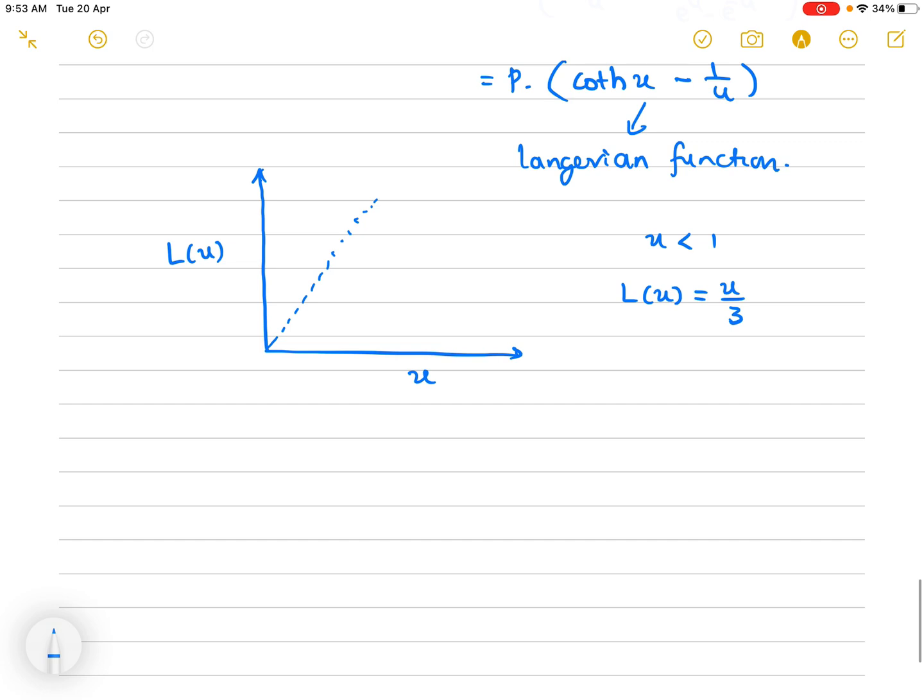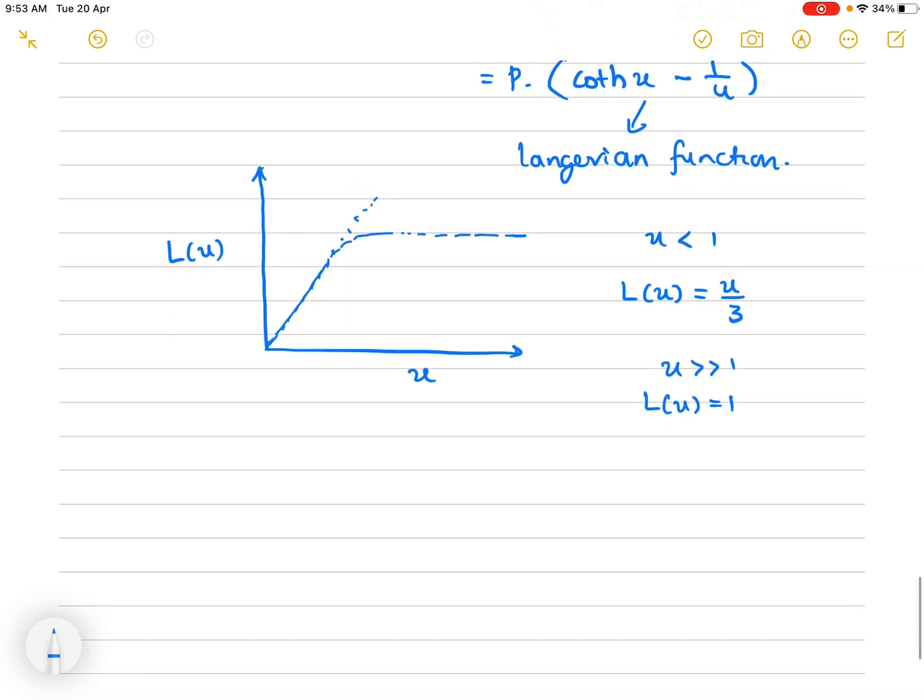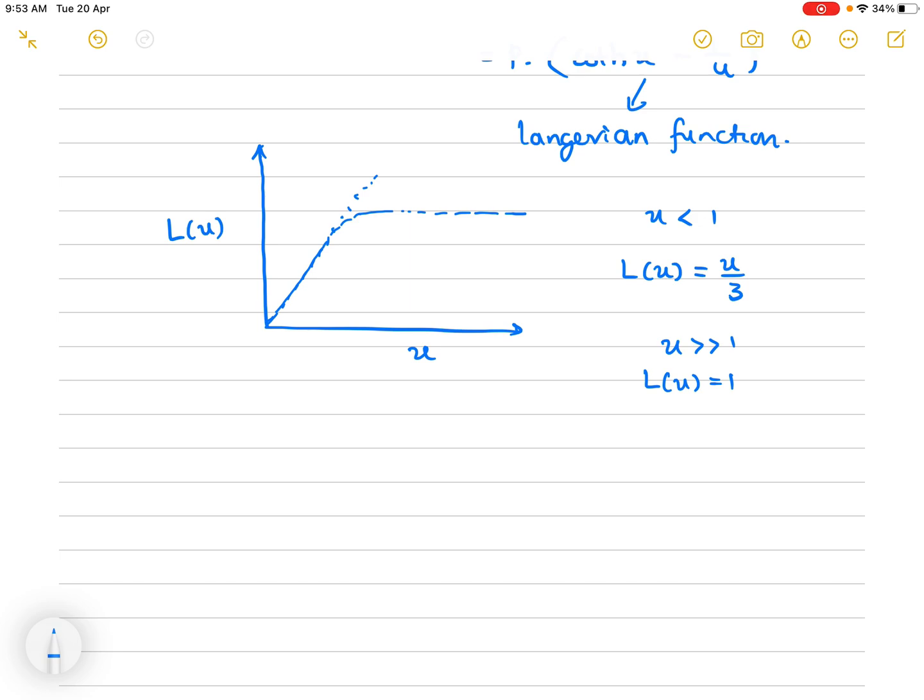Now coming back to our x component of dipole moment, we have p here when u is smaller than 1, in the limit of u tending to less than 1. So the L of u becomes u by 3, where we know u is equal to pE by kT.